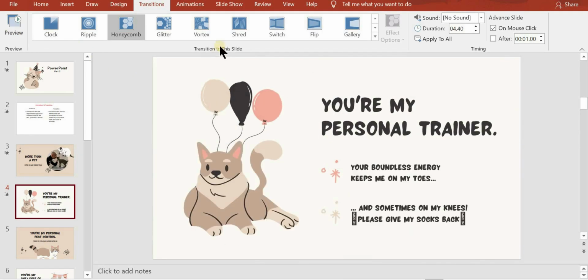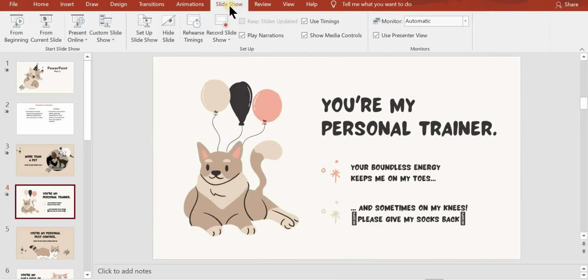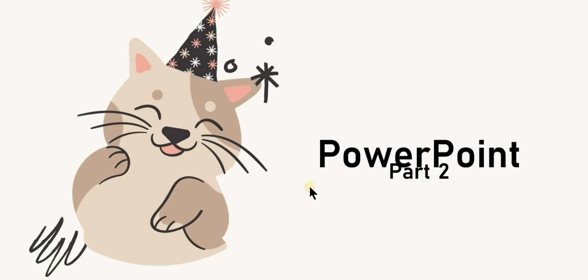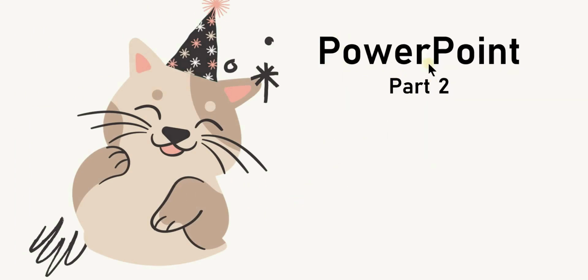To see it completely, we have to click on the slideshow button, then click on from beginning, and from current slide is there. I am here clicking from beginning. Now let's see. So this is the transition effect for the first slide, and when I click this is animation for the picture, and when again I click, this is the animation for the text.